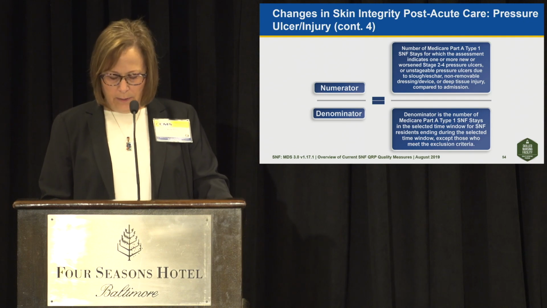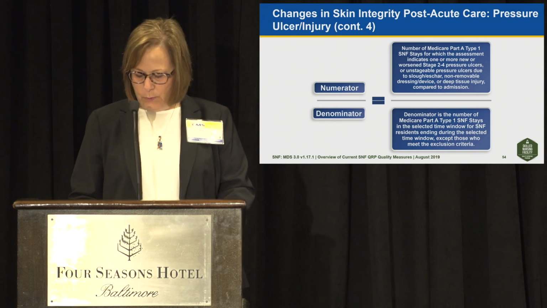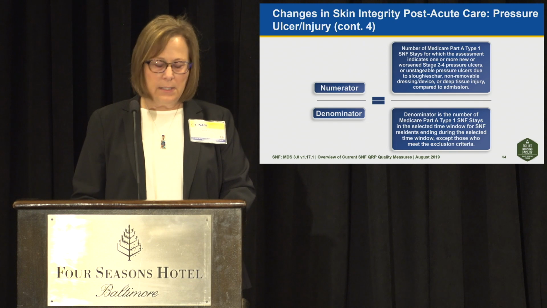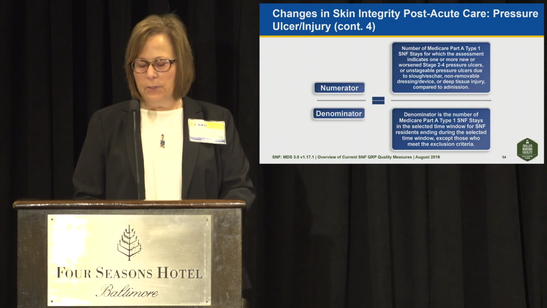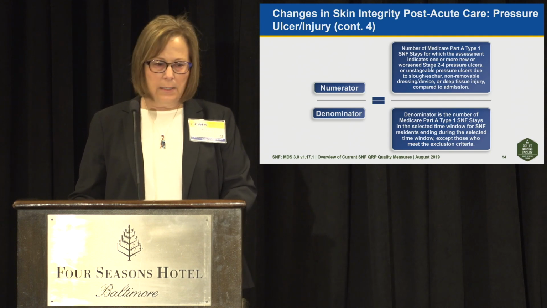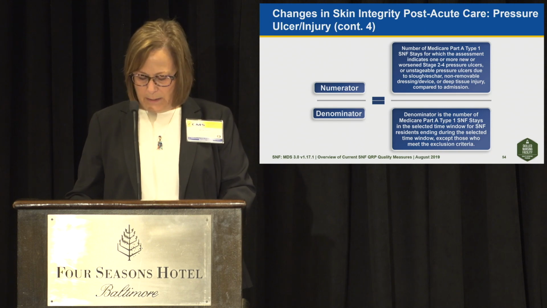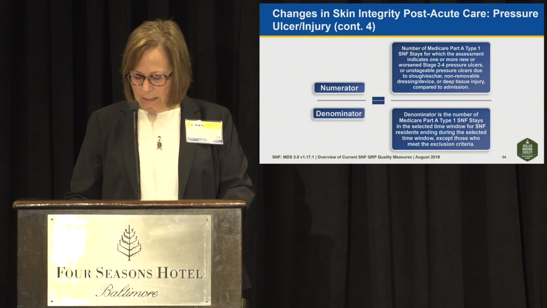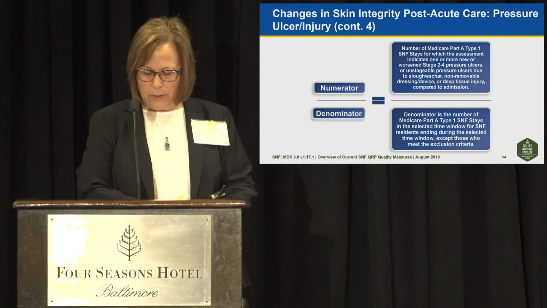The numerator is the number of Medicare Part A Type 1 SNF stays for which the assessment indicates one or more stage 2 to 4 pressure ulcers or unstageable pressure ulcers due to slough, eschar, non-removable dressing or device, or deep tissue injury compared to admission. Again, divide the numerator by the denominator times 100 to get your percentage. If a resident has multiple Medicare Part A stays during the target 12 months, then all stays are included in the measure.